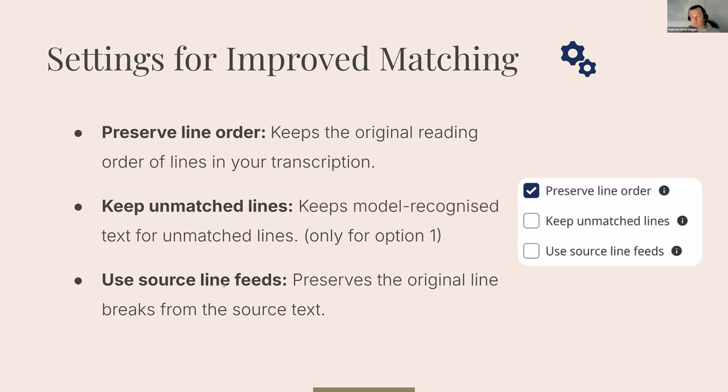This is also for performance reasons, but also determines the quality. Mainly it means it will use the line feeds you have in your transcript and will only match entire lines with entire lines. If this is not checked, we break down the transcript to words and match word-based.